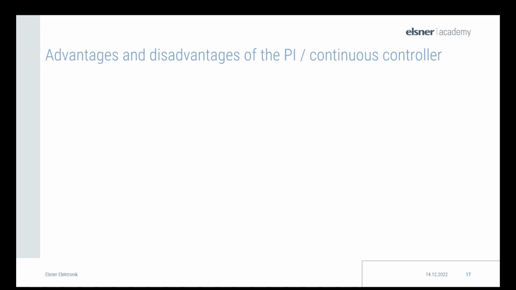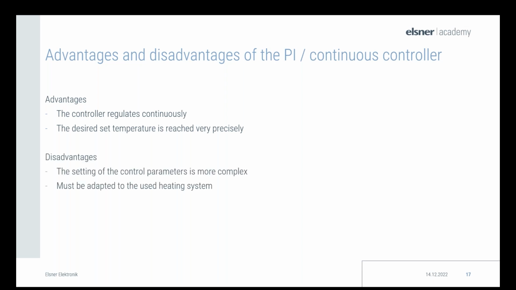Let's talk about the advantages and disadvantages of the PI control and of the continuous controller. So the advantages: the controller regulates continuously, which is a good thing because you can reach the desired set temperature very precisely. There are also some disadvantages. For example, the setting of the control parameters is more complex.